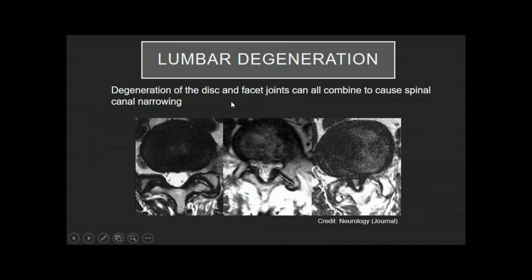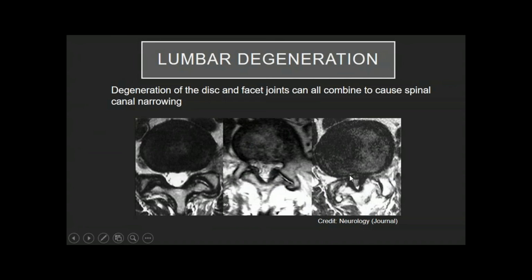All right. One thing that's a little different about the lumbar spine than the cervical is that in the lumbar, really the facets and the disc can contribute to either foraminal narrowing or canal narrowing. So you're just going to have to use your eyes to figure out what is the main problem here. Here you can see the facet joints are overgrown. You see how they're narrowing the spinal canal.